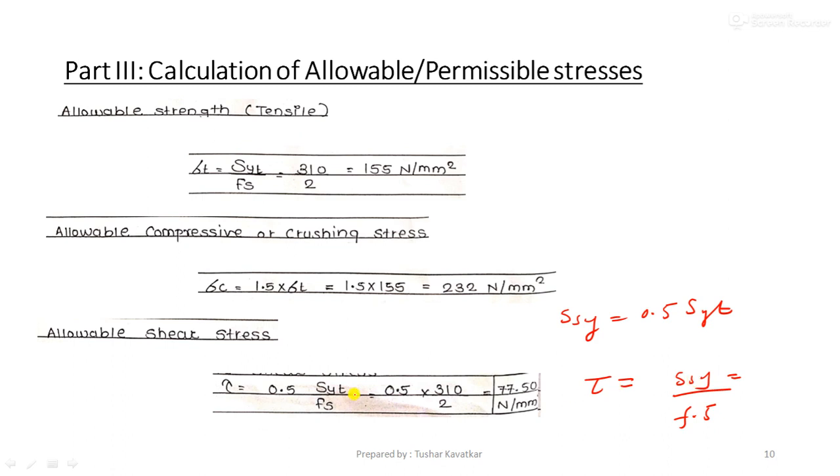But what is Ssy? Ssy is 0.5 times Syt divided by f of s. So tau is equal to 0.5 times Syt upon f of s, which is 0.5 into 310 upon 2. In this way I have calculated the allowable shear stress, that is 77.50 Newton per mm square.